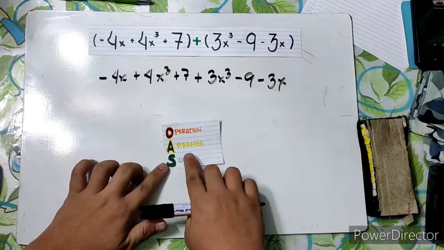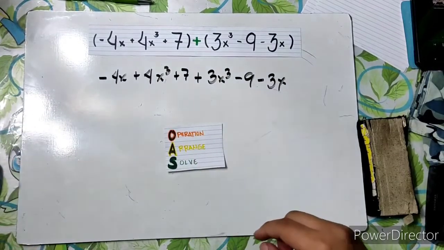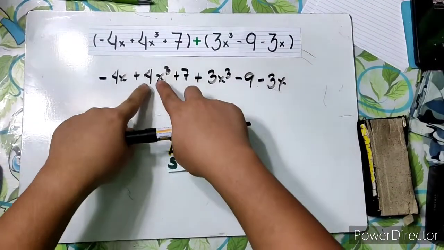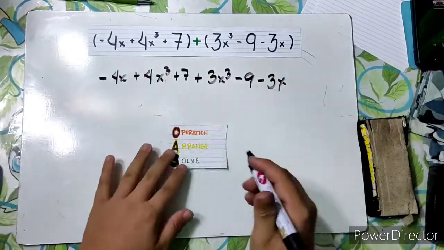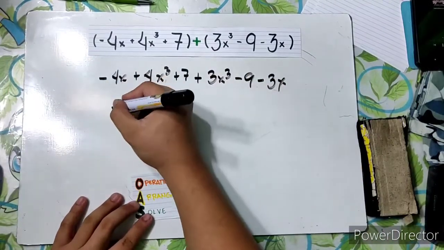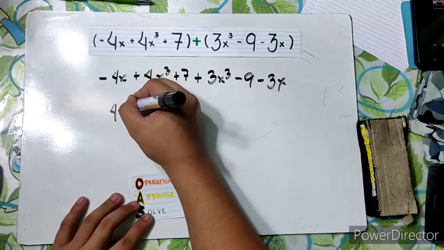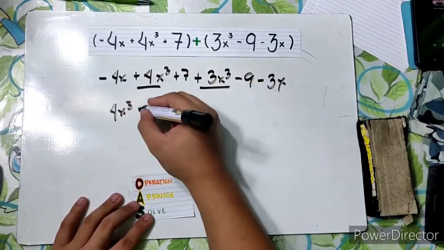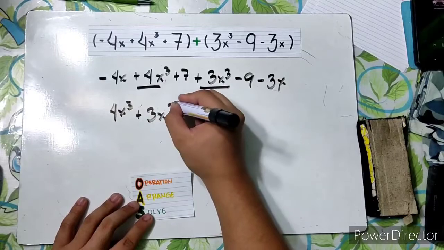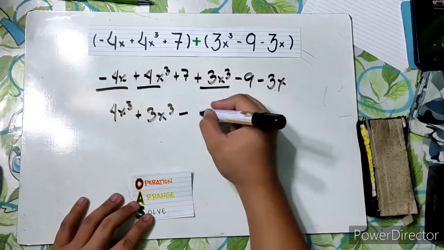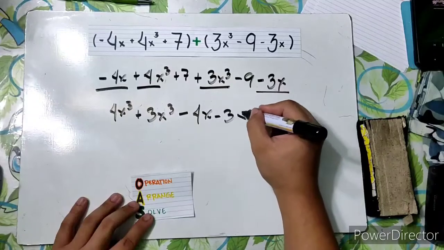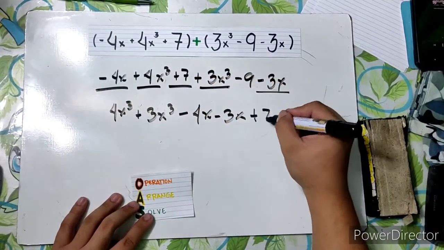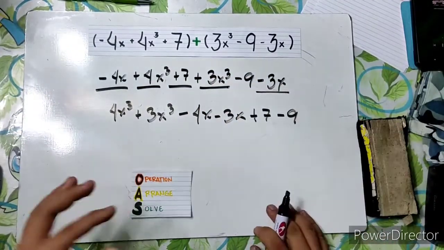So next is the arrangement. We arrange from the biggest exponent. So here we have the biggest. So let's start from left to right. So from 4x cubed plus 3x cubed minus 4x minus 3x plus 7 minus 9.